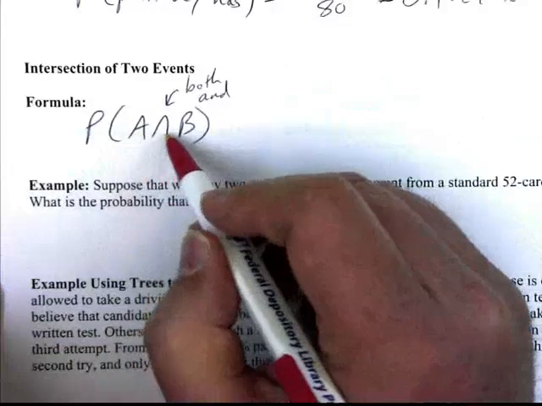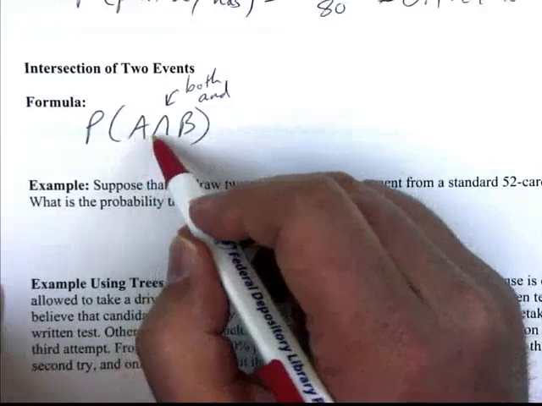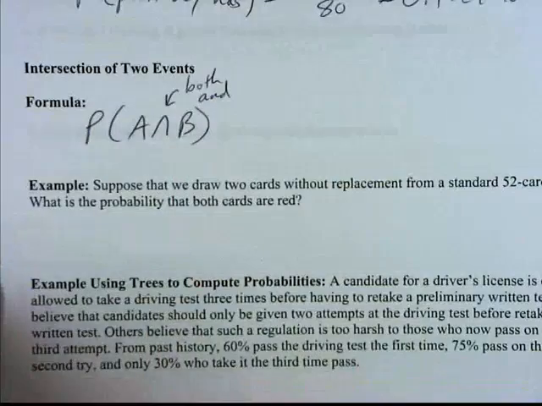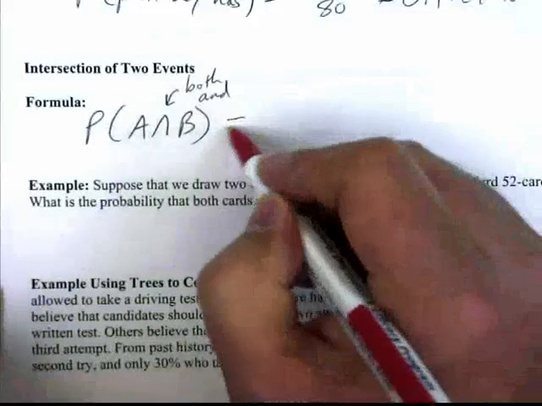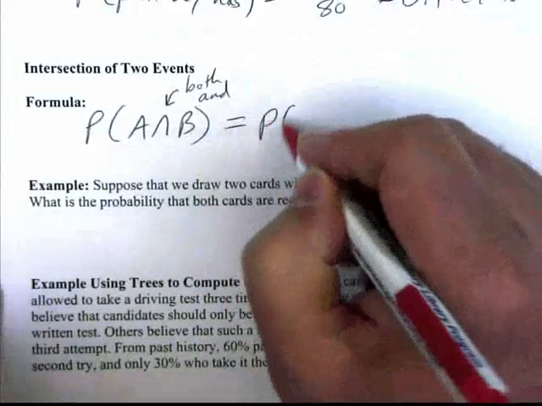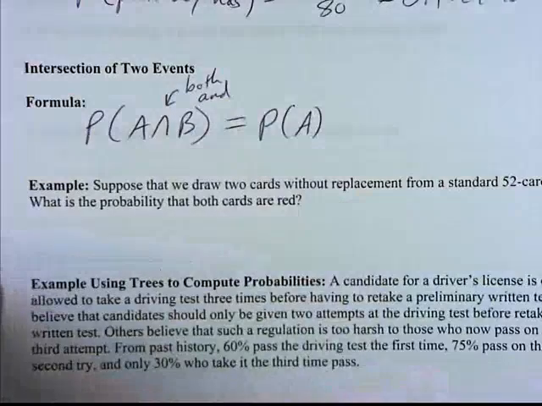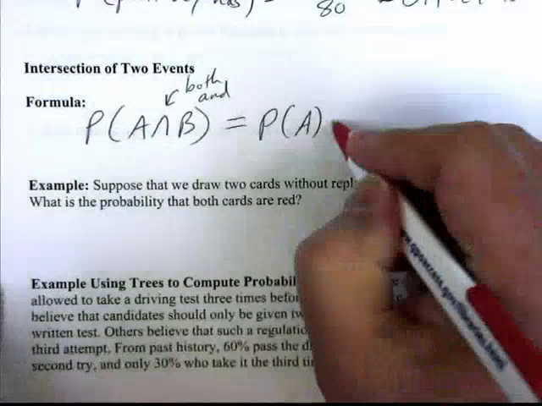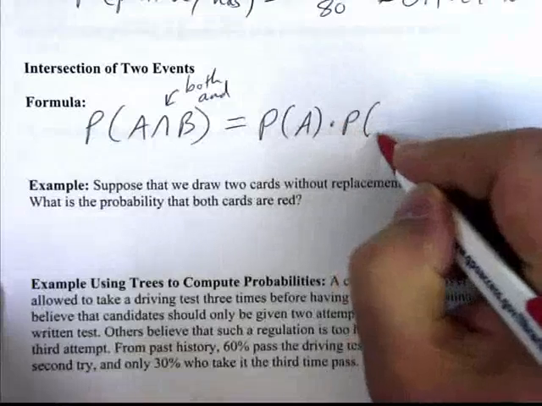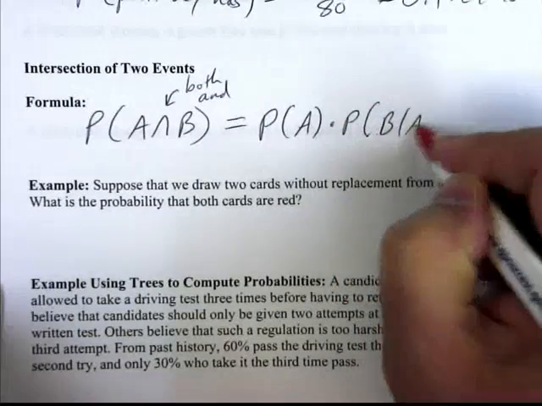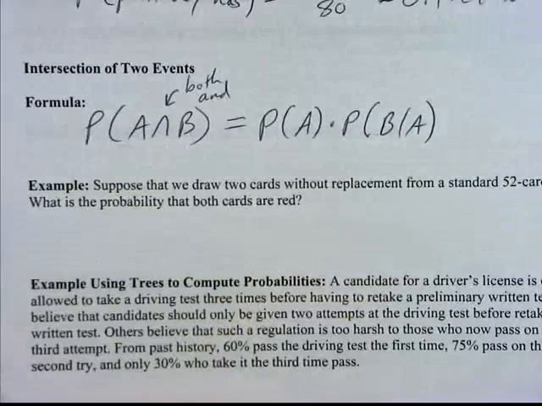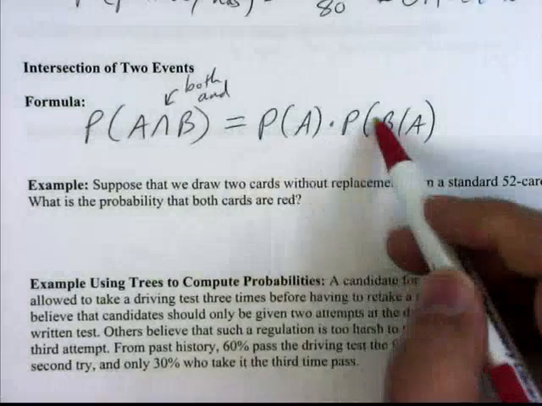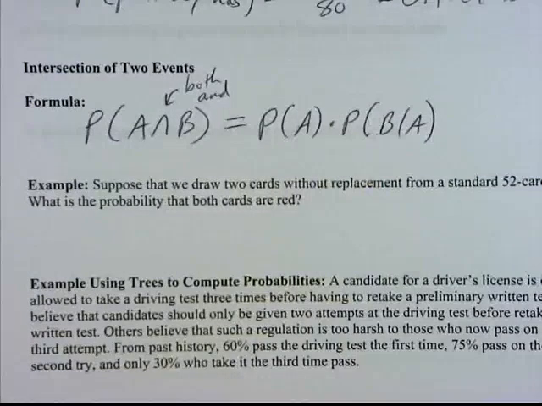The probability of both A and B occurring. The way we find that is we find the probability of A, and then multiply that by the probability of B, given that A has already occurred. So we're going to multiply those two probabilities.